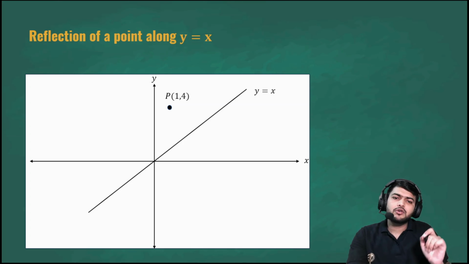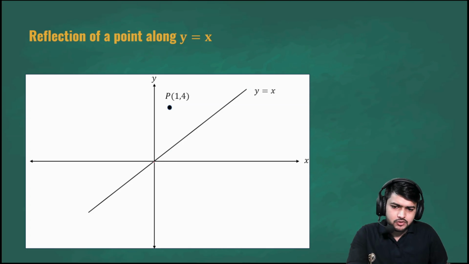Similarly, let's say you are asked to find the reflection of the same point P along y is equal to x. What will you do? Now y is equal to x, we know it passes through the middle of the first quadrant. But where will the reflection of this point lie if it's reflected along y is equal to x? This point's reflection would lie here.